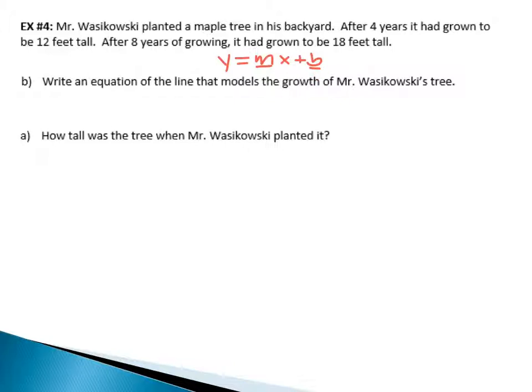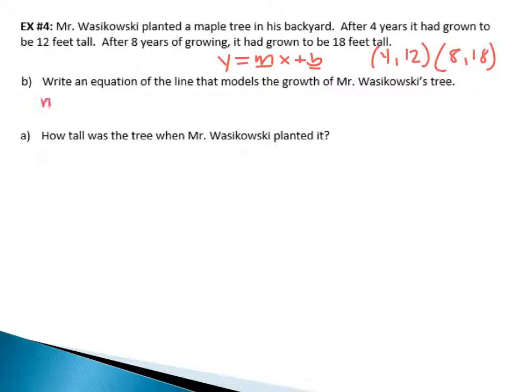But what I do tell you is really 2 points. After 4 years, it's 12 feet tall, and after 8 years, it's 18 feet tall. So really what I'm giving you is 2 points that represent the years and the feet that it grew. So if I want to write the equation, I'm going to have to do the same thing as I believe it was example 2. Find the slope and the y-intercept given these 2 points.